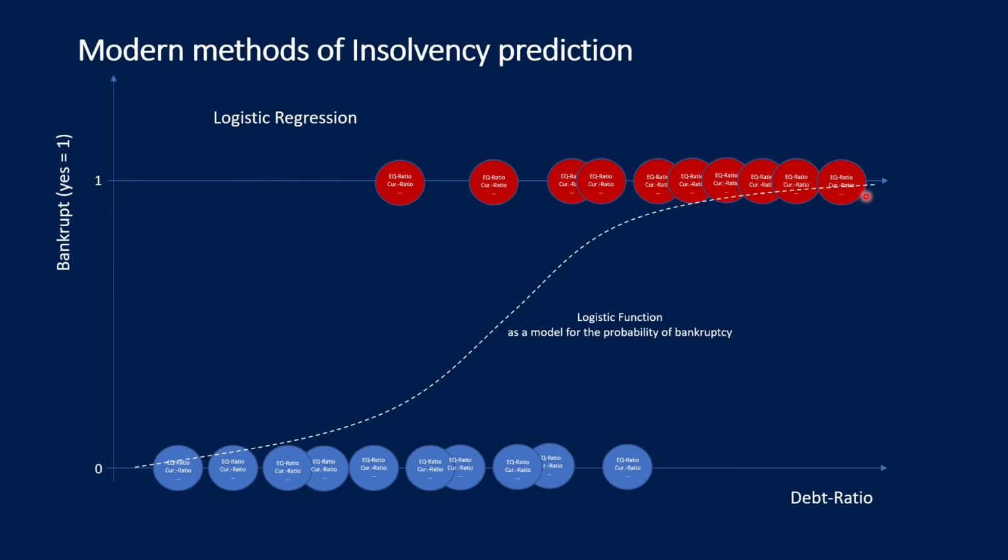And since this method is not only restricted to one variable, but we can use it even in a multiple form with several ratios, we can use logistic regression as a very modern instrument for insolvency prediction.